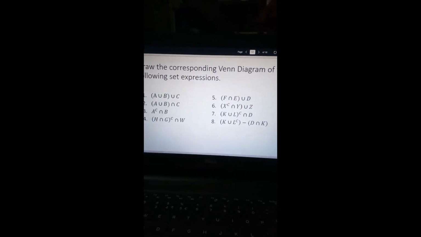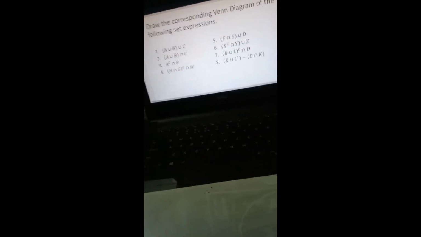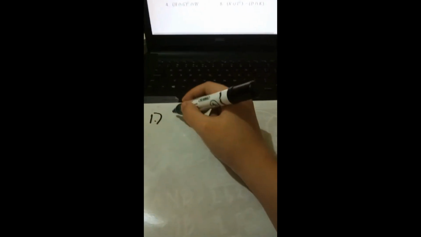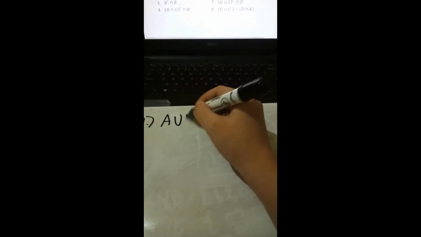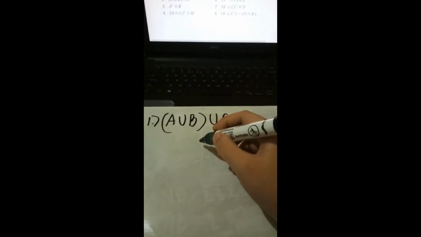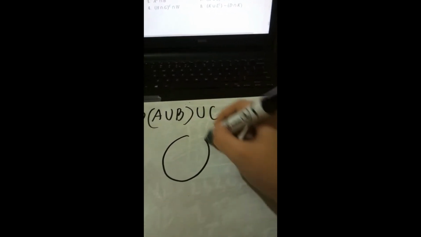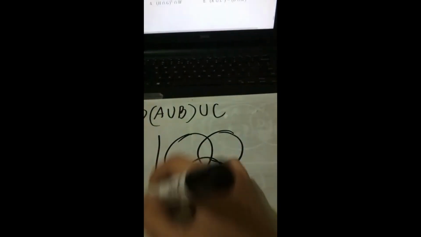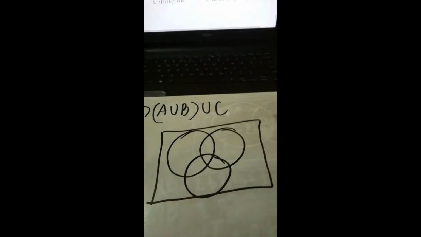So, what particular region? Kunyari, let's do number 1. For number 1, it says there, we need to shade A union B union C. So, this is your set A, set B, set C. Then, you use your rectangle.